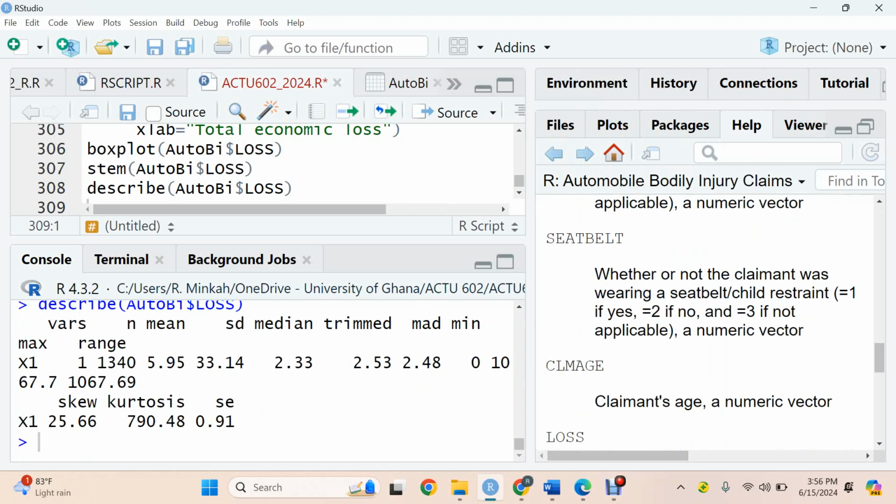So 2 is what? Yeah, so equal to 2 if no. So whether or not the claimant was wearing, so those that were not wearing seat belt. So from this data, we can infer, when we do our descriptives on this, to see whether those that were not wearing seat belt, their losses were more.